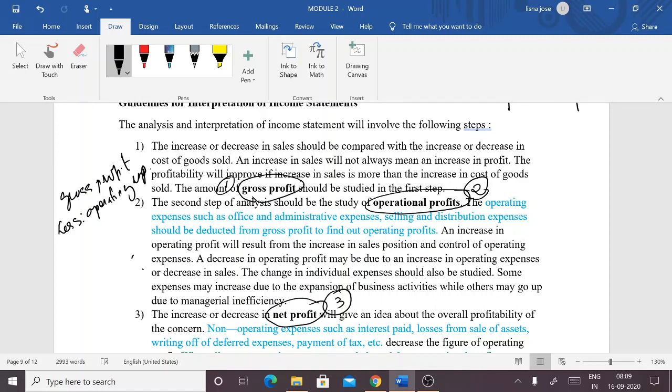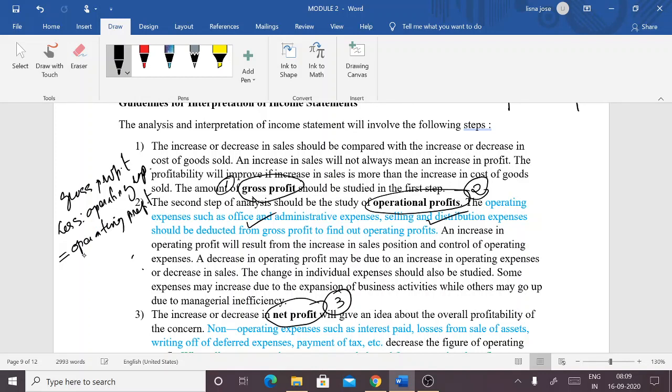Operating expenses include office and administrative expenses, selling and distribution expenses. So this kind of expenses should be deducted, then you will get the operating profit of a company.